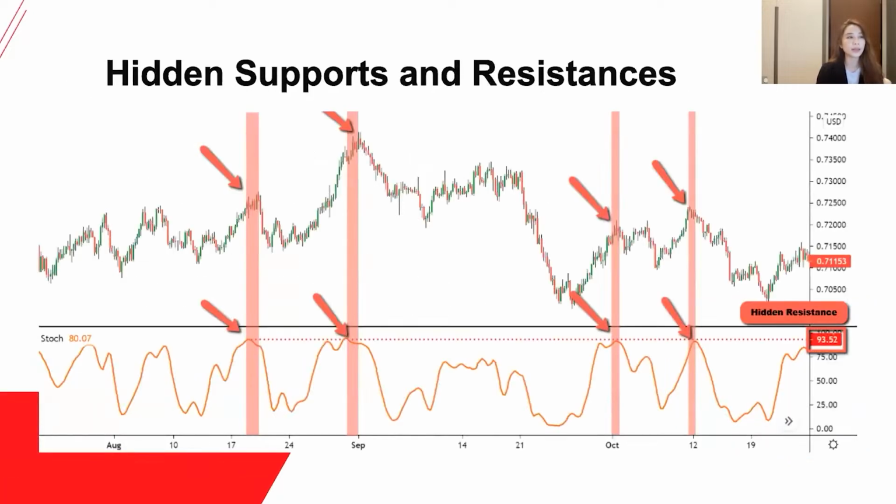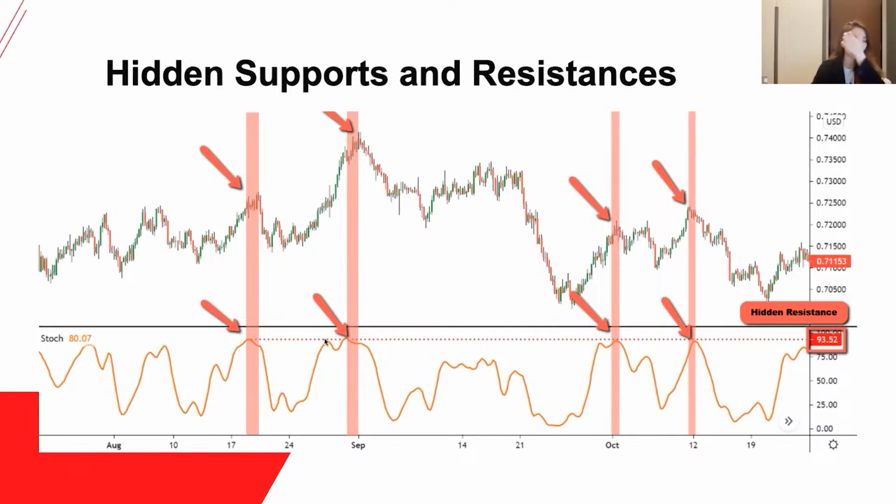However, if you look at how the price reacts and the momentum it carries in the stochastic indicator, you can see on these four red highlighted areas, the price reactions, the peaks of the reaction. At the peak, we are looking at 93.52, way above the normal range of 80.